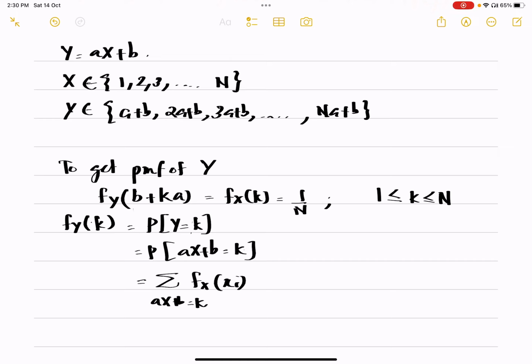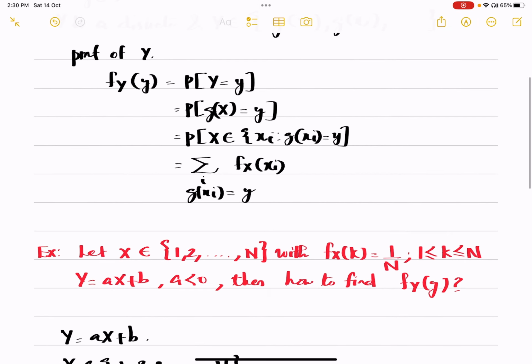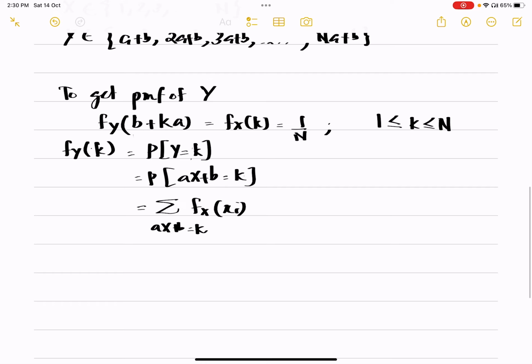Or we can even write this as the probability of x equal to (k minus b) by a.